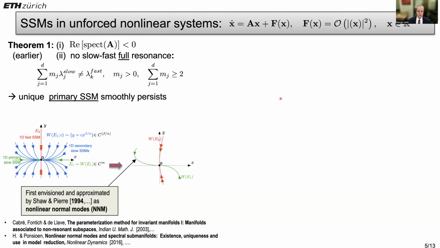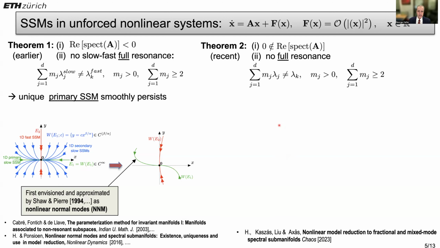More recently, we looked at this problem and extended the mathematical result. So you can also allow for instabilities. We only require the real parts to be non-zero, but there can be some eigenvalues within the slow manifold and the slow subspace that are unstable. And as long as there's no full resonance among any of the eigenvalues except for the 1-1 resonance, then the fractional or secondary submanifolds of the linear system can also be extended.